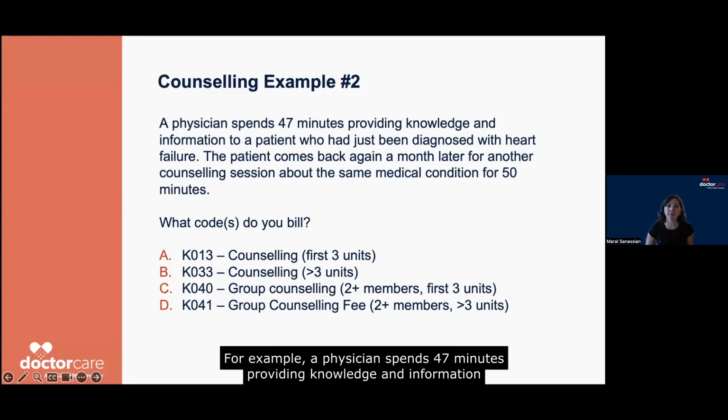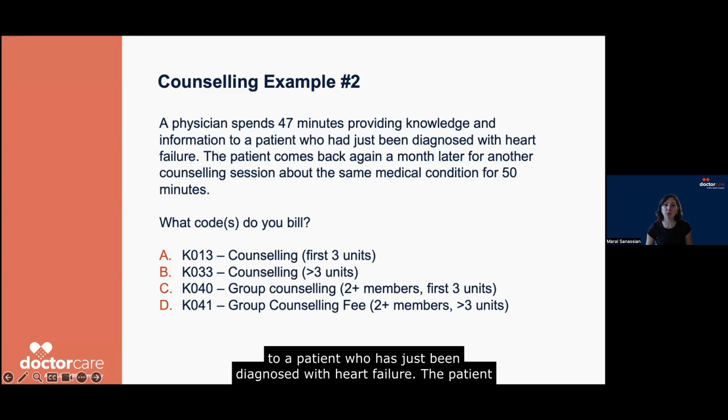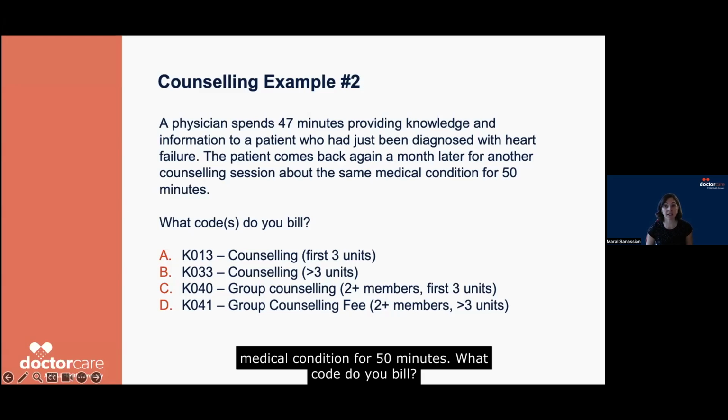For example, a physician spends 47 minutes providing knowledge and information to a patient who has just been diagnosed with heart failure. The patient comes back again a month later for another counseling session about the same medical condition for 50 minutes. What code do you bill?